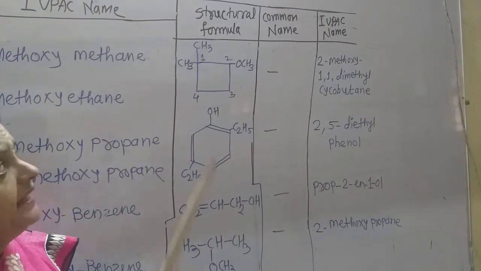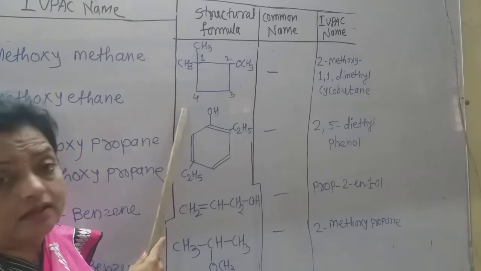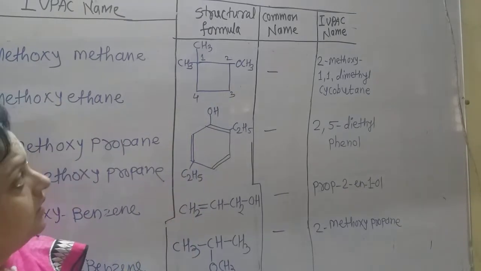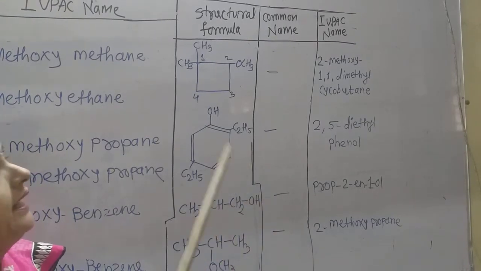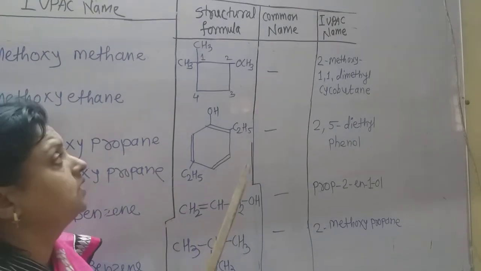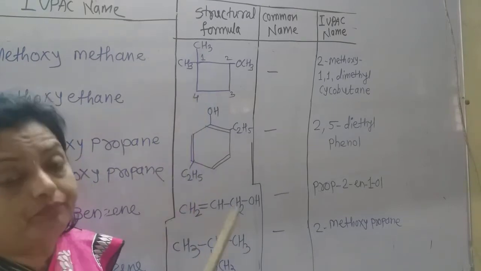See the next ether. This is a cyclic ring having an ether. Now here the common name of this ether is not given, but the numbering is done from this carbon atom.